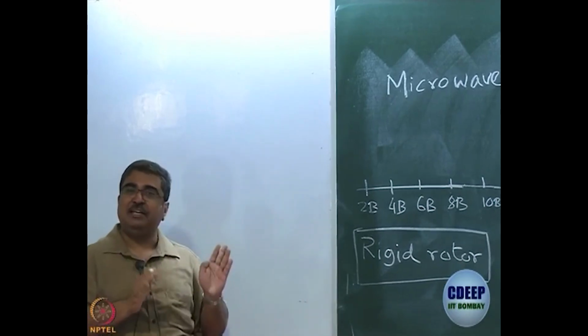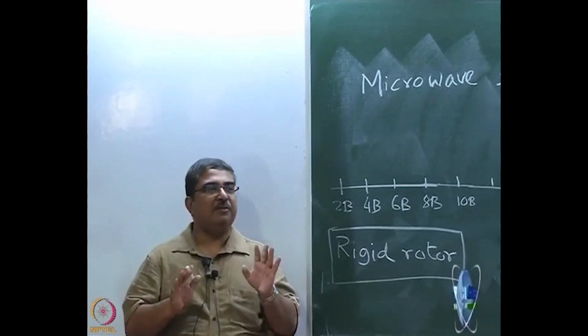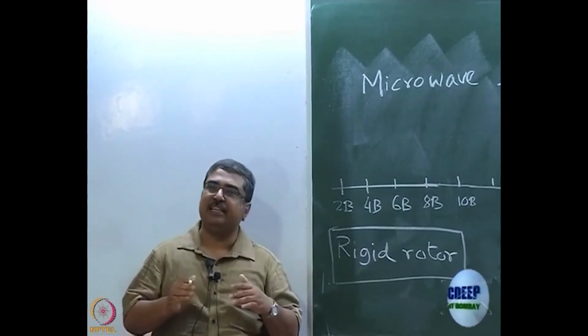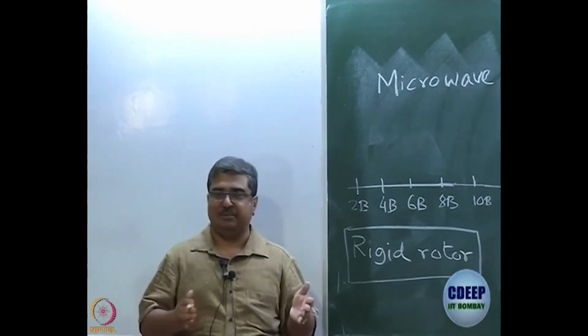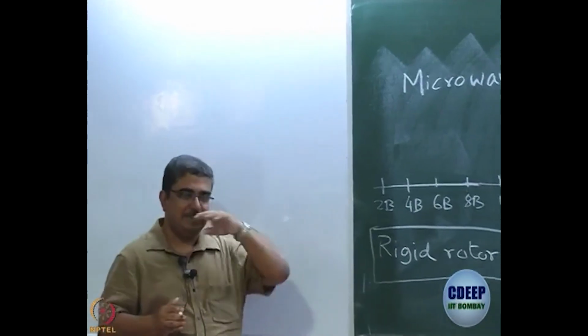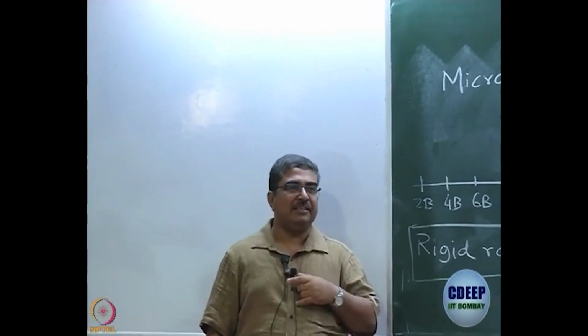Later on we will come back to it and see whether it is absolutely correct, or whether it is correct to an extent that we can live with, or whether it is an absolutely wrong assumption. For now, let us go with it. So, then the only thing that is left is population.